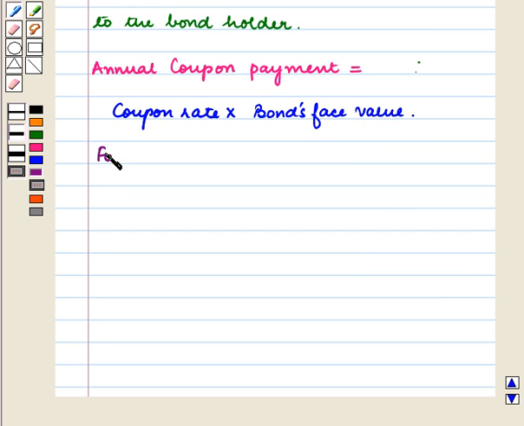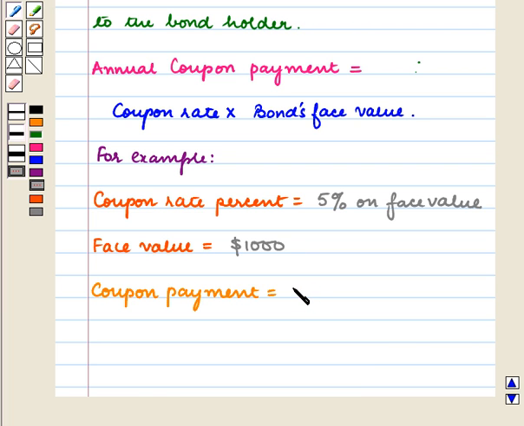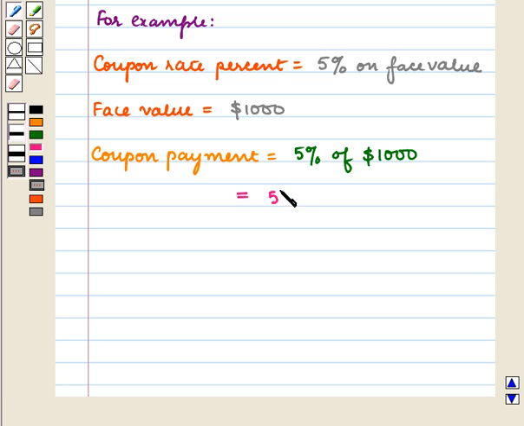For example, if the coupon rate is 5% on face value, where face value is $1,000, then coupon payment is equal to 5% of $1,000, which is equal to 5 upon 100 into 1000, which is equal to $50.